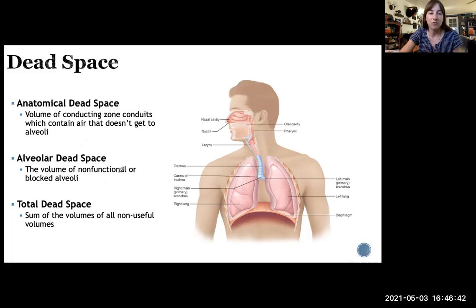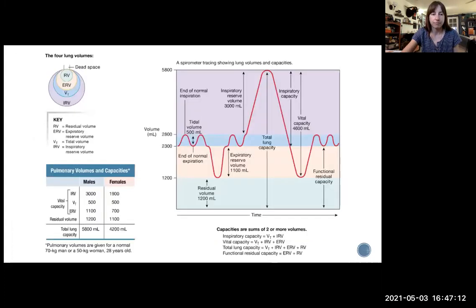So if you have non-functional alveoli, or if the alveoli are blocked for some reason, that is alveolar dead space, and that's a separate thing. So anatomical dead space is the space in all of the tubes leading into your lungs, and alveolar dead space is the non-functional alveoli, however many you have, and those combined equal your total dead space. Okay, so anatomical dead space plus alveolar dead space equals total dead space.